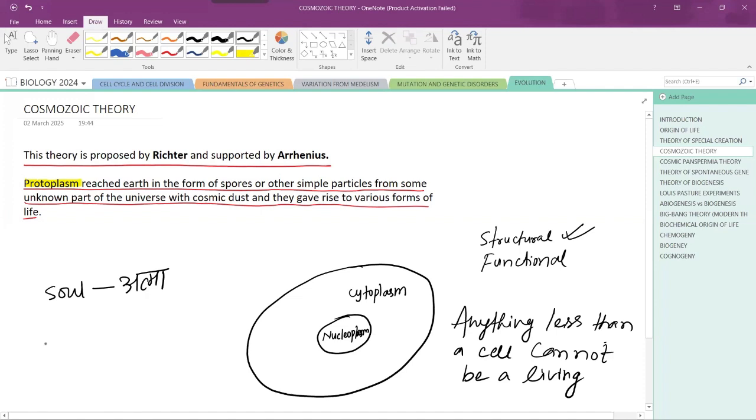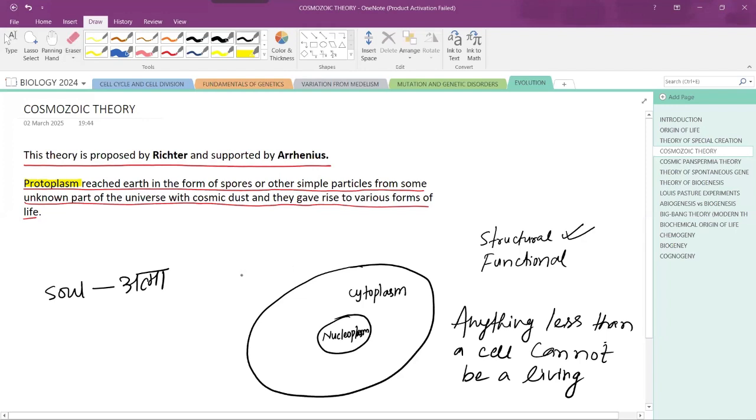If anyone asks you, have you ever seen a soul? No. You can say to that person that a cell is itself a soul for our body. You can give that analogy because a single cell is also a living thing and many living things form a human. So you can give an analogy that a cell is also considered a soul for our body.